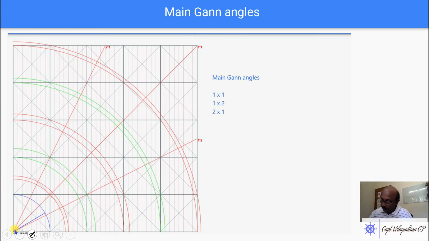Most of the time, when the market breaks out, the market will move like this. It will mostly move above 2 by 1, then it corrects itself.